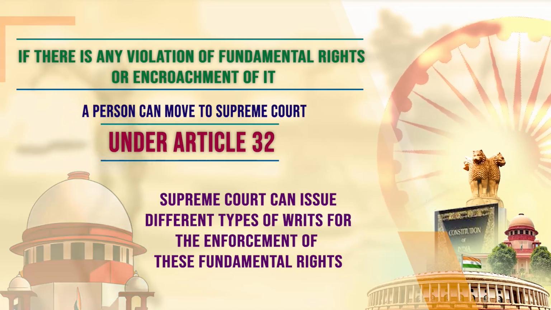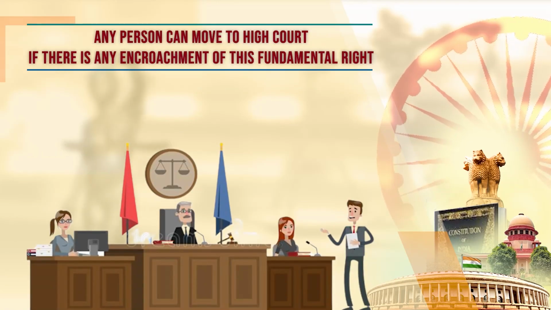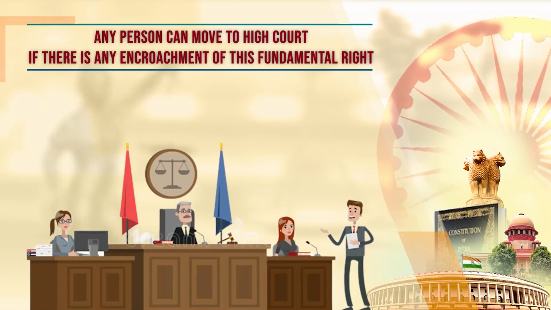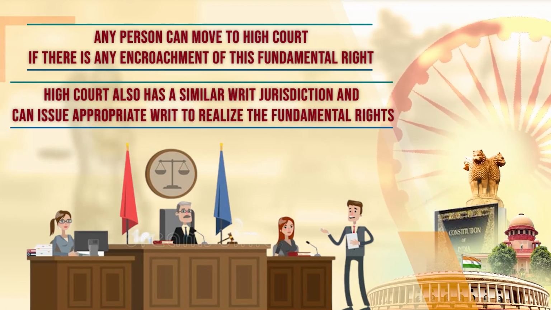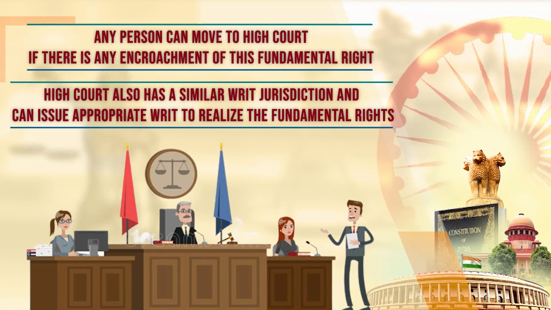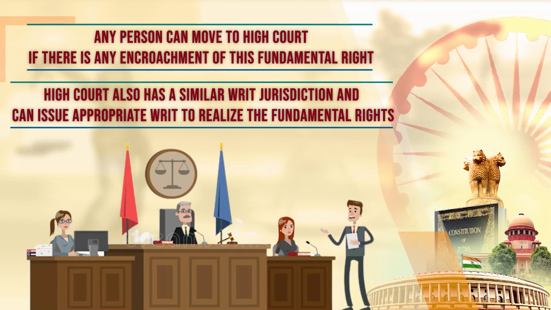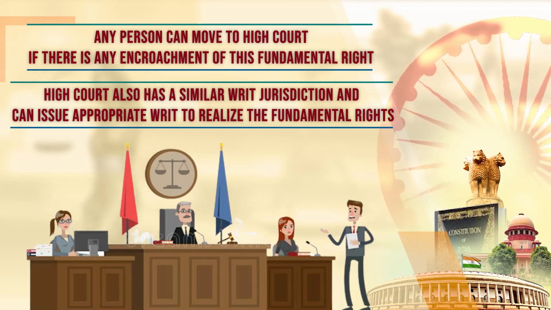Similarly, any person can move the High Court also if there is any encroachment of this fundamental right, and the High Court also has a similar writ jurisdiction, and by issuing an appropriate writ, it can realize the fundamental rights. So we are finding a second level of protection.